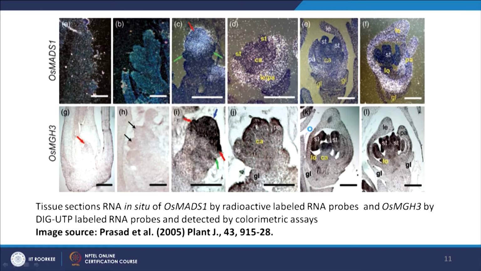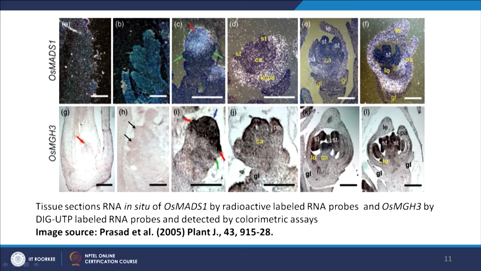Similarly, if you take this example, these were done on longitudinal sections of the panicle. This is again a rice panicle, and the rice panicle is like an inflorescence. It has different florets at different developmental stages, and this upper panel was labeled with an antisense RNA probe for another gene called MATS1, but it is a radiolabeled probe.